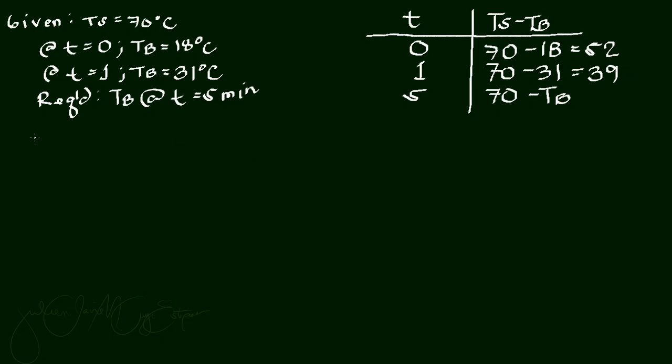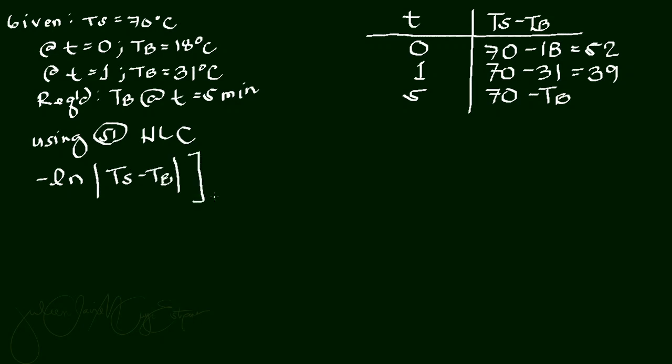Okay, so using solution 1, that is using Newton's law of cooling, our working equation is negative ln of the absolute value of TS minus TB, from lower to upper, is equal to Kt, also from lower to upper.